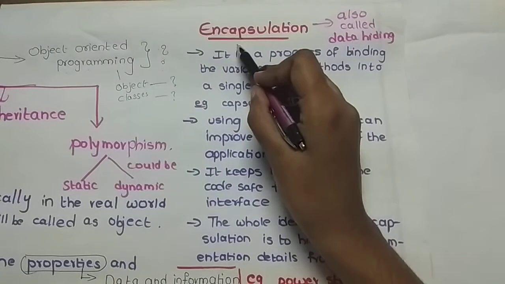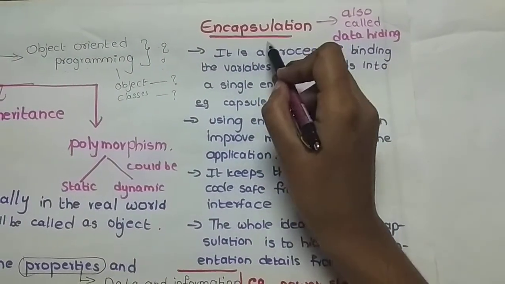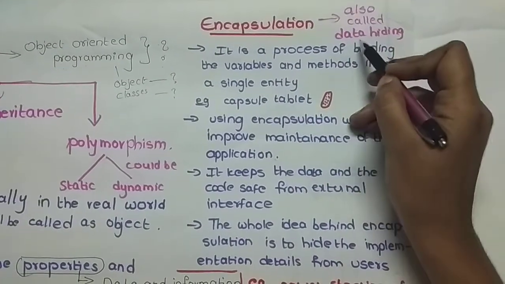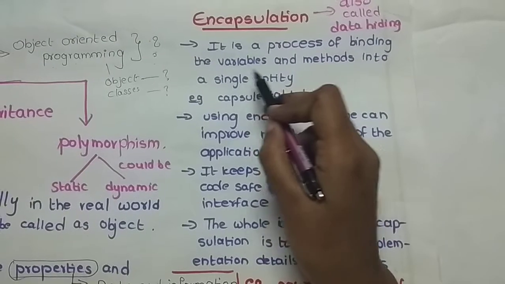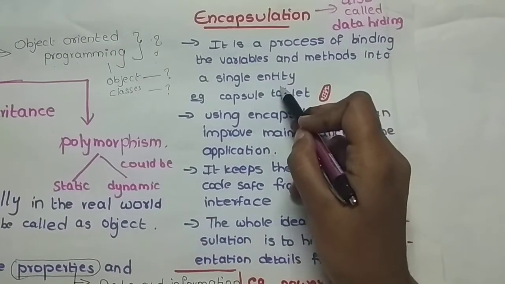Now we are going to discuss encapsulation. Encapsulation is also called data hiding. It is the process of binding the variables and methods into a single entity.